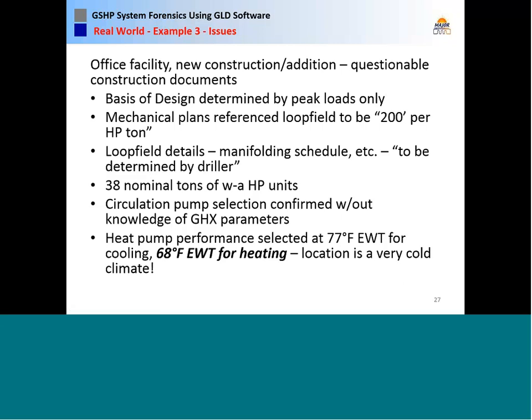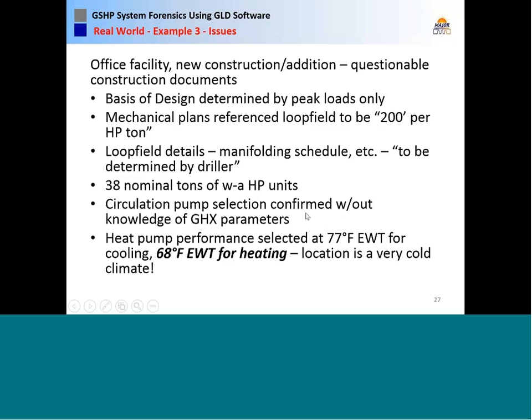As you know, there are some drillers that can design loop fields, but most of them are mechanics, and they haven't been trained for this. We had 38 nominal tons of water-to-air heat pumps, so this is not a real big facility. Without doing a pressure drop calculation, we had about a 10 horsepower circulation pump on this, and we felt that was probably excessively high for the size of the system.